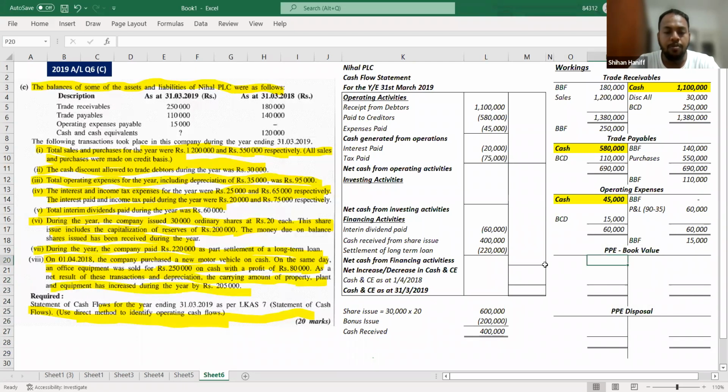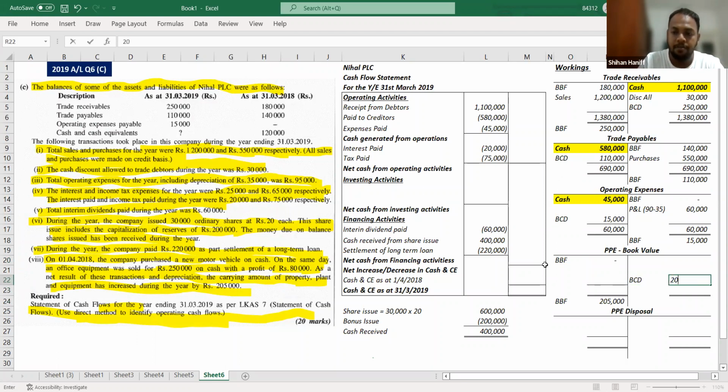Now they have not given the opening balance or closing balance, but they say that the PPE increased by 205,000. So since it is increased by 205, we will take the opening balance as 0 and closing balance 205.